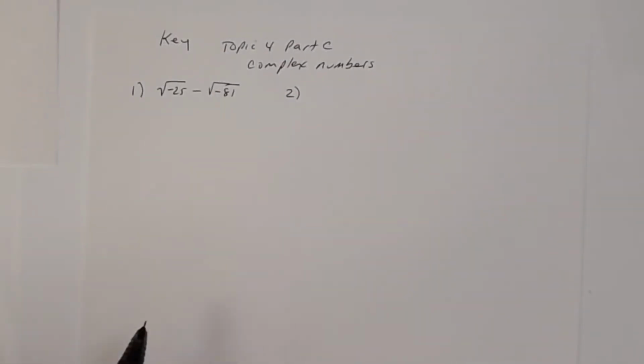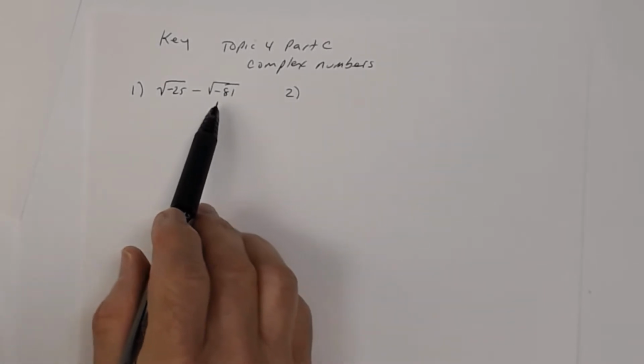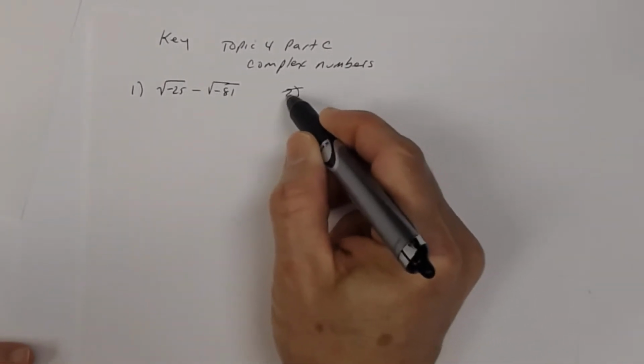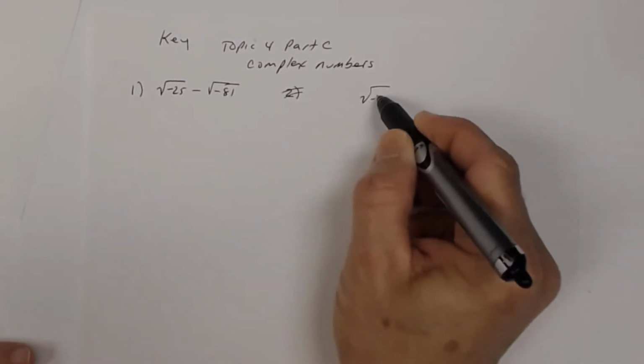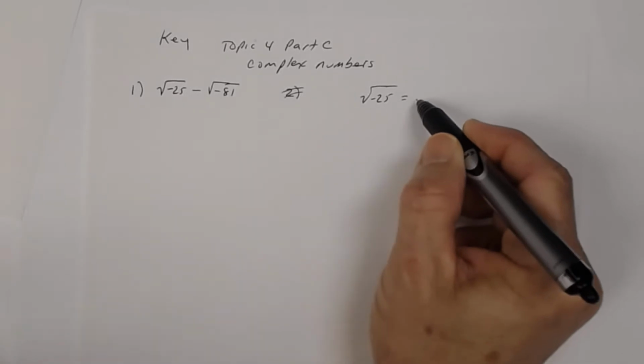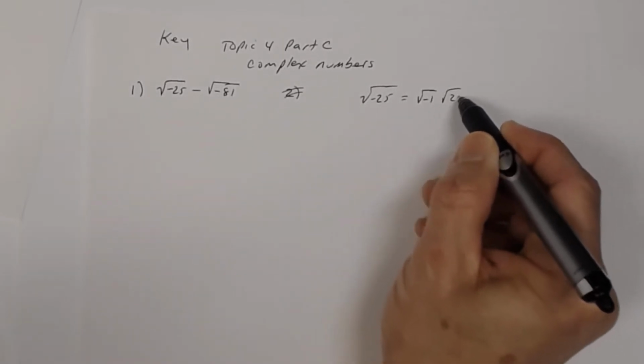Number 1 we have the square root of negative 25 minus the square root of negative 81. Remember, when we do these, if you just look at the square root of negative 25, in your mind you're thinking the square root of negative 25 is the square root of negative 1 times the square root of 25.